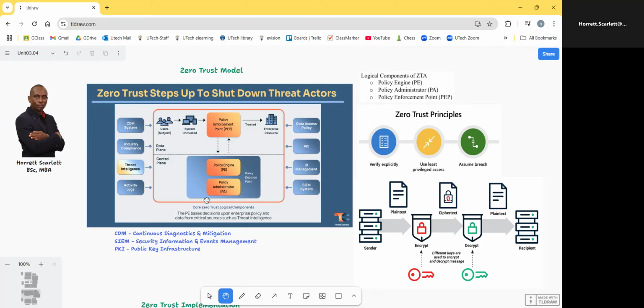Now, for all of this to work, there are several things that have been mentioned. For example, the CDM system, which is the continuous diagnostics and mitigation system, has to be up and running. What it simply means is that there's constant monitoring of the system to see what is happening, so that we can take the requisite steps to ensure that the system is kept safe.